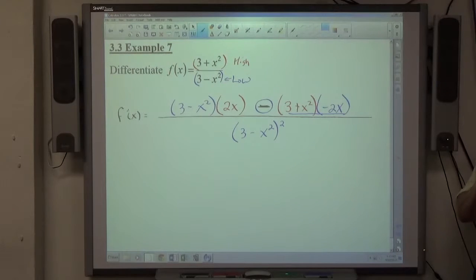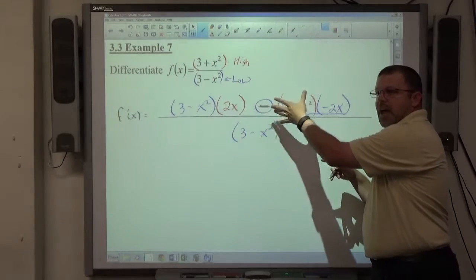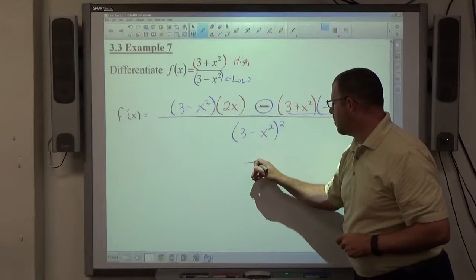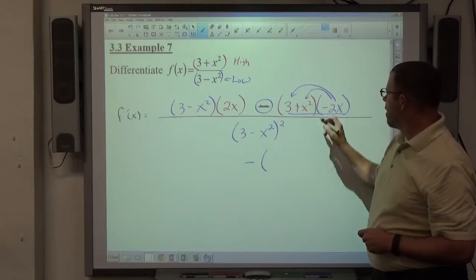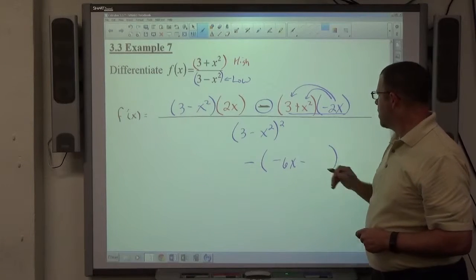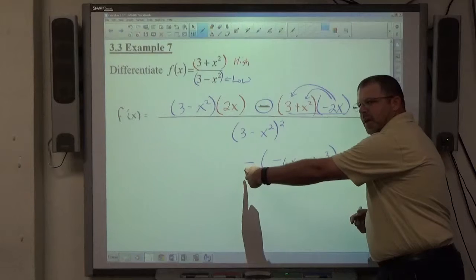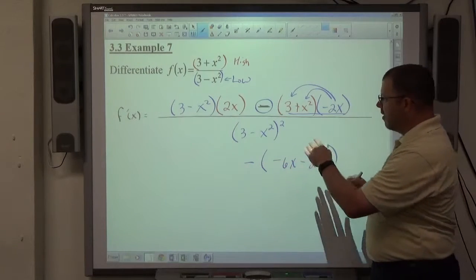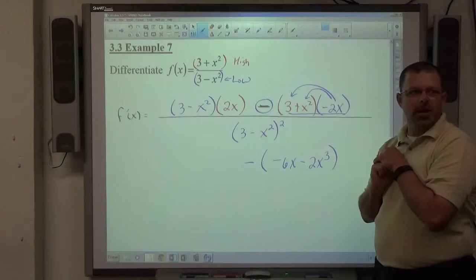Be careful when you do your algebra that when you multiply this out, that minus is still affecting everything you get in this product. Minus sign here. If I distribute this negative 2x through, I'm going to get negative 6x minus 2x cubed. That minus sign is affecting both pieces of that product, not just the first piece. So make sure that as you multiply this out, you keep it in parentheses until you account for that minus sign.